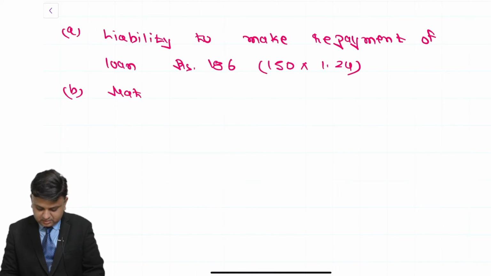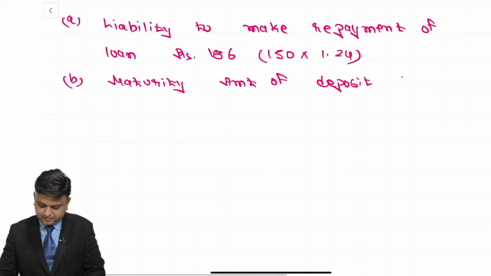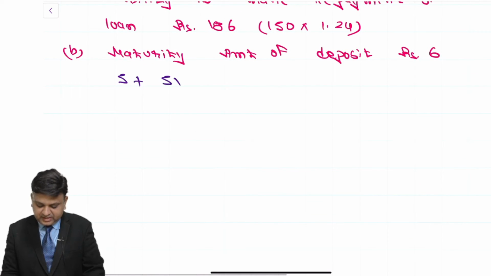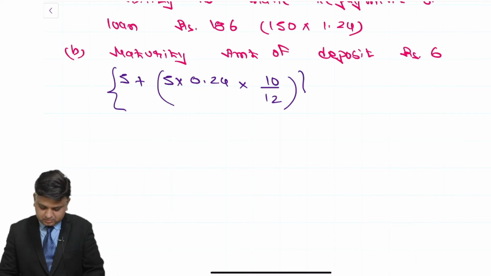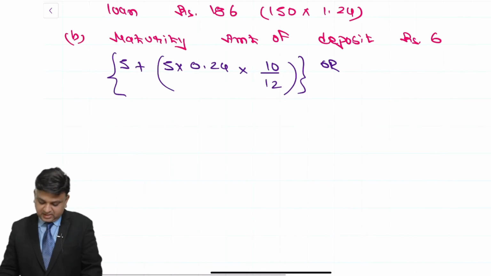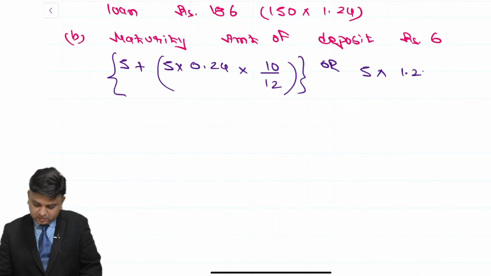B, maturity amount of deposit rupees 6. In bracket write down 5 plus 5 into 24% into 10 divided by 12, or you may write it like this also, 5 into 1.20, .24 into 10 divided by 12.